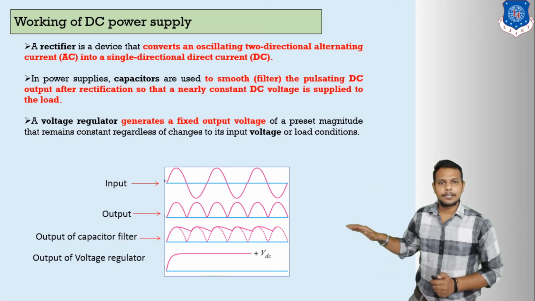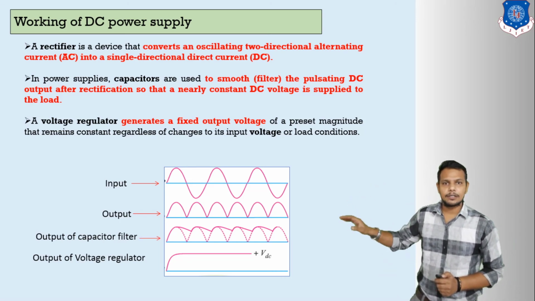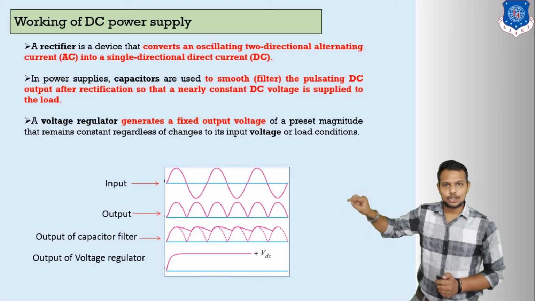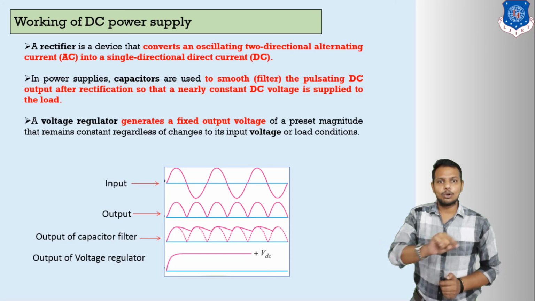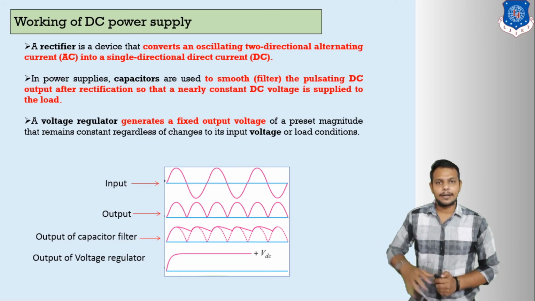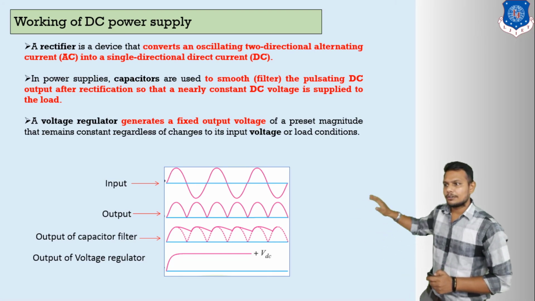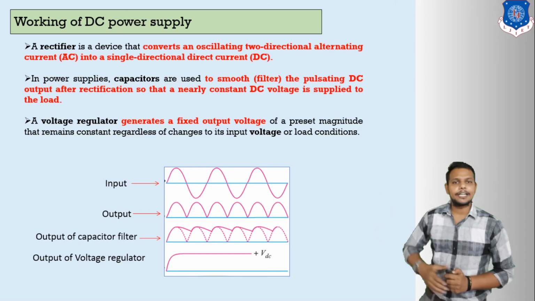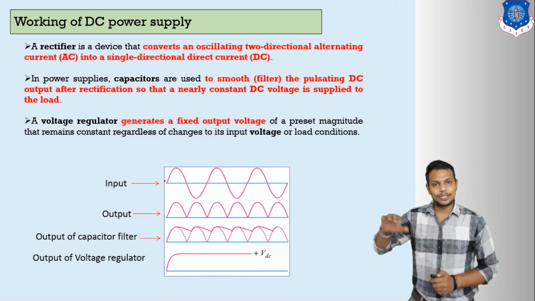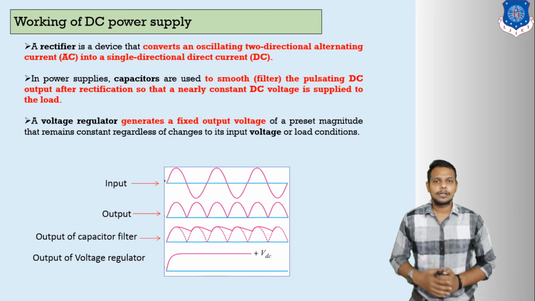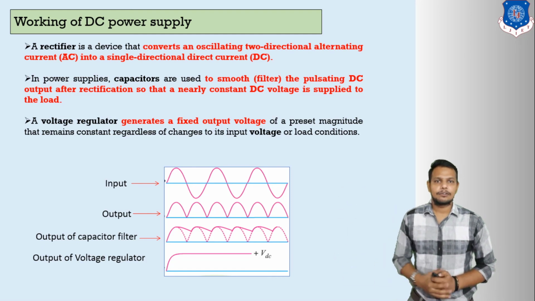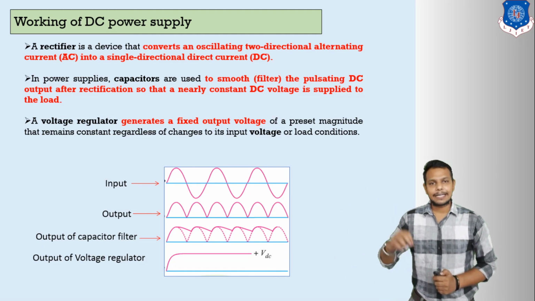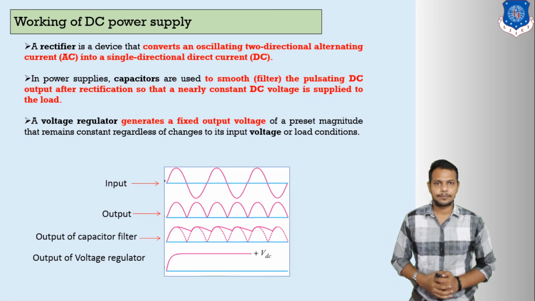Here we can see that due to this capacitor, the value is charging and discharging on this full wave rectifier. And at the last stage, we are going to use a voltage regulator. Due to this voltage regulator, we will get nearly equal to DC supply. So with this process, we can convert AC to DC.